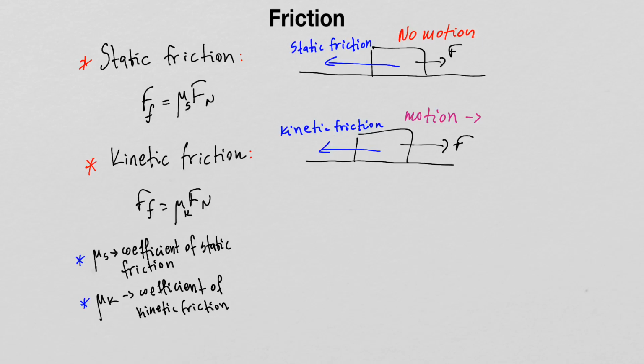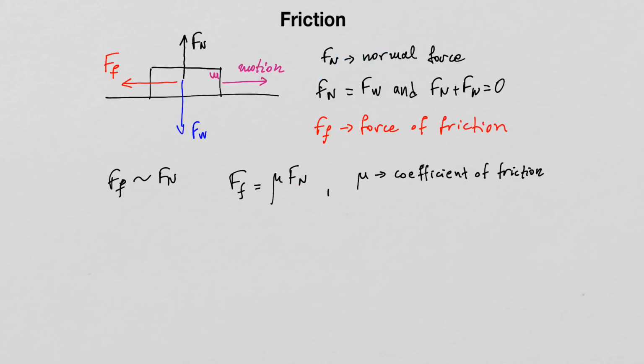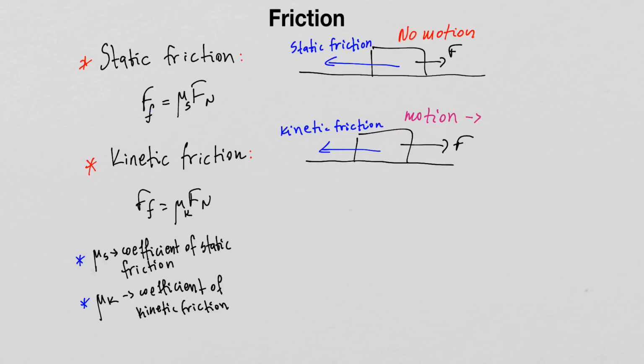And we also know from the previous slide that the normal force is equal to the weight of the object. So therefore I can replace the normal force in each of those two formulas with the weight of the object.